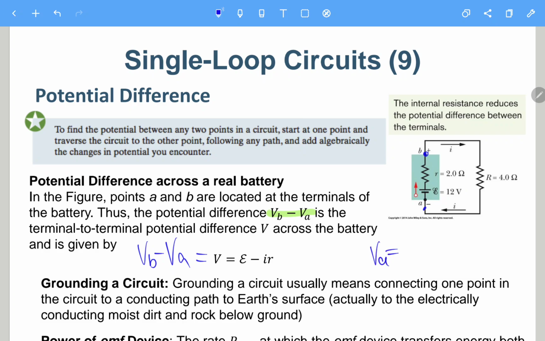Starting from this point is VA, and then going through this EMF, plus E, and then going through this resistance, minus Ir, equals VB. So we just move this one to the right side: VB minus VA is E minus Ir.